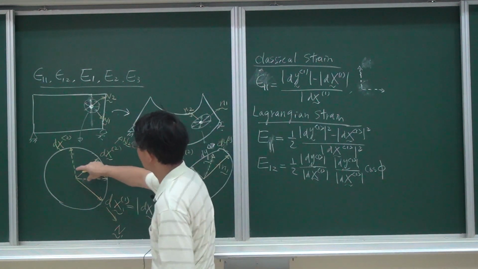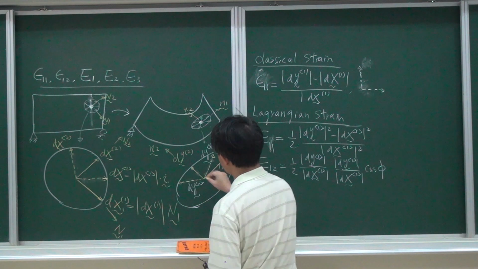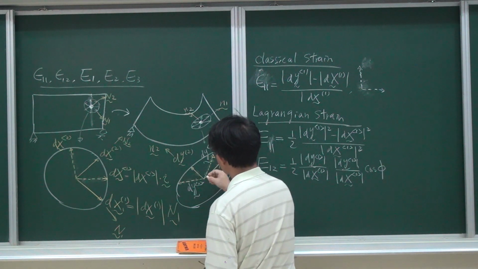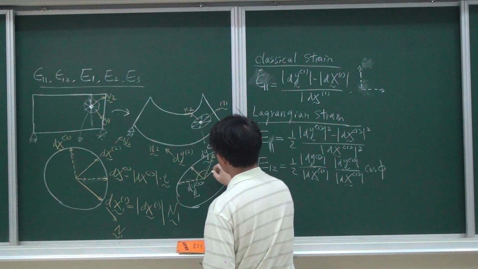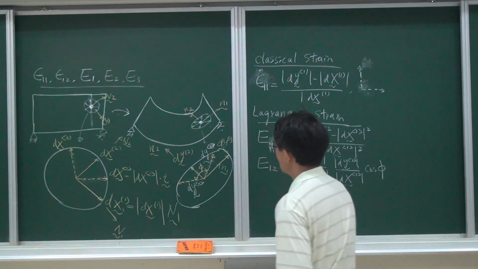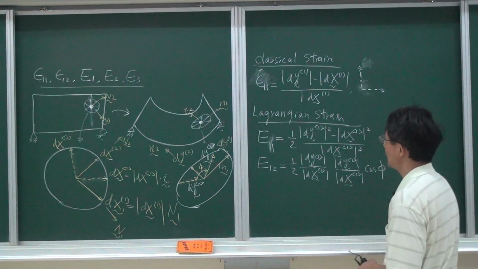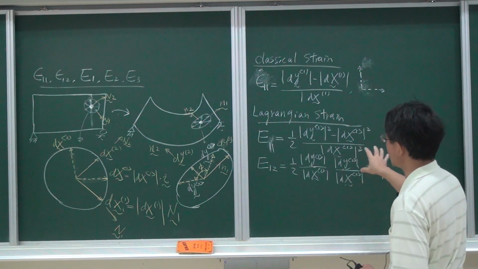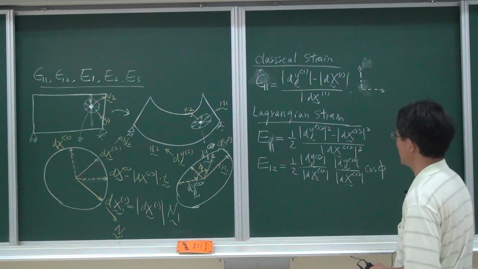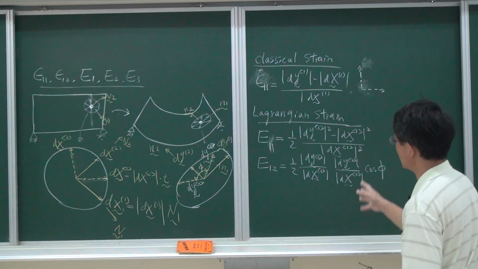This is the angle between the deformed material lines. This is phi. We said that this expression is not very appropriate because it depends on the length.